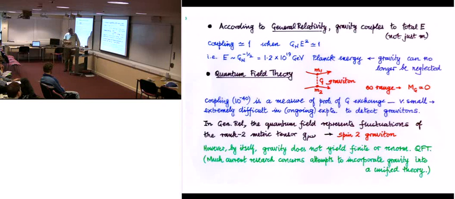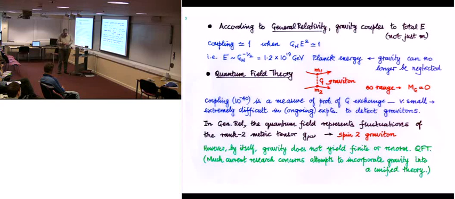Unfortunately, gravity doesn't yield a finite or renormalizable theory. There are huge problems to get gravity into the fold, and an awful lot of current research is trying to get gravity compatible with quantum field theory.